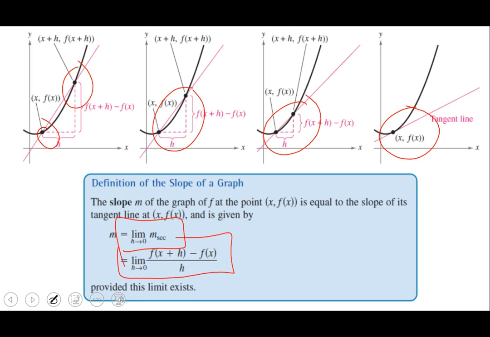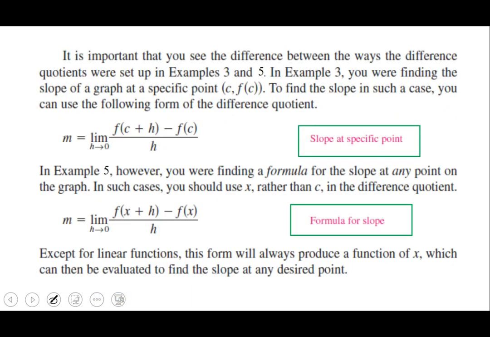So that kind of summarizes everything that we did yesterday. And the truth is that today's lesson is very, very similar, except now we're going to get a new name for this process, and it's actually going to mean something. Before we get into that, just one quick reminder. Not only do we know that the tangent line is the limit of the difference quotient, but we have 2 different options.